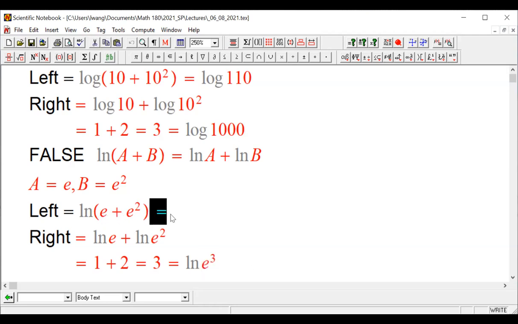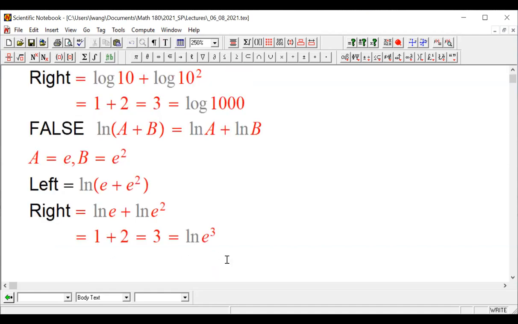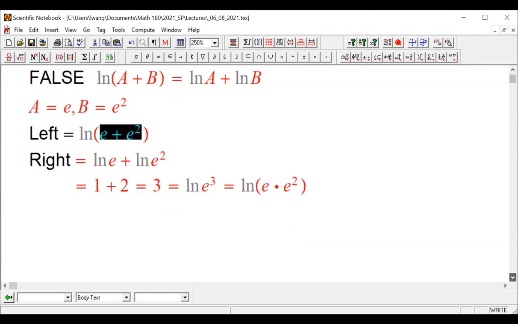So the next question we need to answer: e to the power of 3 is e times e squared. So our question becomes, is e plus e squared the same as e times e squared? Of course they're not. e is a number between 2 and 3, so you can just punch it into a calculator to see.